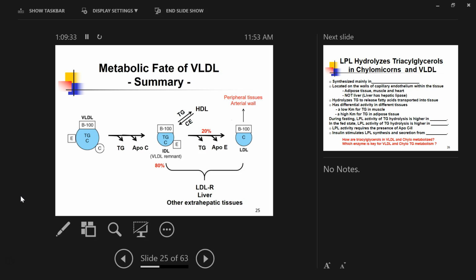This is just the overall summary of the VLDL metabolic fate.